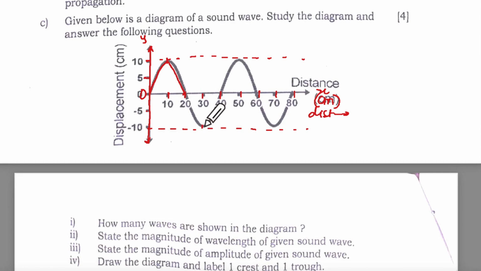Below 30 mark this point and draw this curve, that is your one wave. Above 50 mark this point, show this, and then below 70 mark this point and show this. Tell me when you're done.